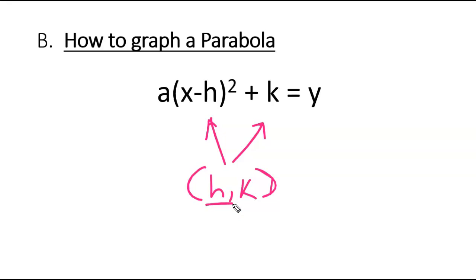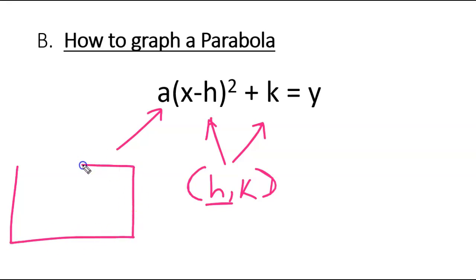Next, this thing here, the a, is going to tell us what direction our graph is going and whether it's wide, stretched, or normal. So I'm going to give you guys a little chart here to help you make a decision about the general shape of the graph. If you have a positive a value, then you have a happy face parabola.